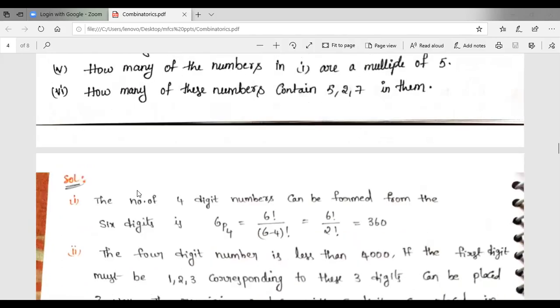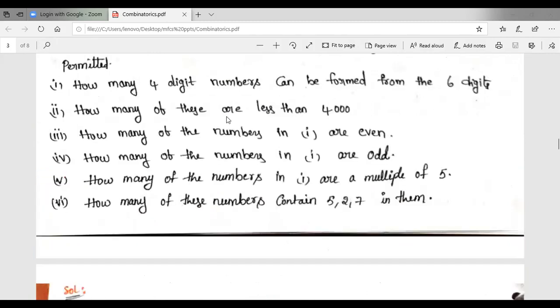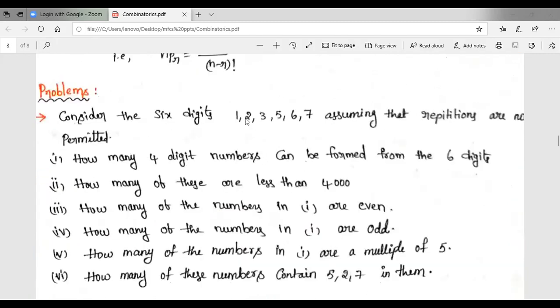What is the second question? How many of these are less than 4,000? Less than 4,000 means, in the 4-digit numbers, the first digit starts with a value less than 4. In the given 6 digits, the numbers less than 4 are 1, 2, 3, so 3 numbers.